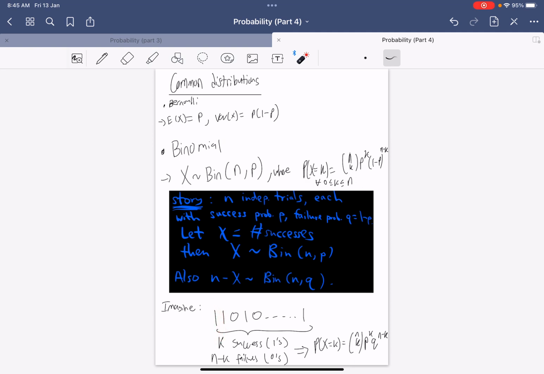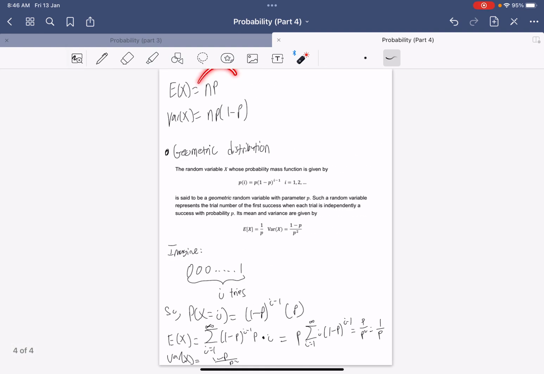Any of the n trials can be represented as X1, X2, all the way to Xn, and each follows a Bernoulli distribution because it's either 1 or 0 as an outcome. The total number of successes is the sum of X1 plus X2 plus all the way to Xn. If you take the expectation of all this, it is n times the expectation of Xi, because all of them have equal expectation. And the expectation of Xi is the expectation of a Bernoulli, which is p, and that's why it's np.